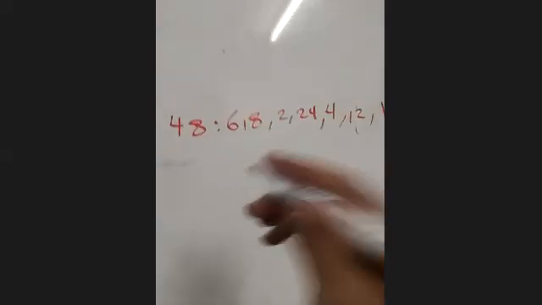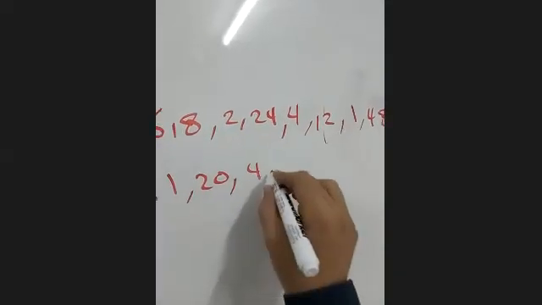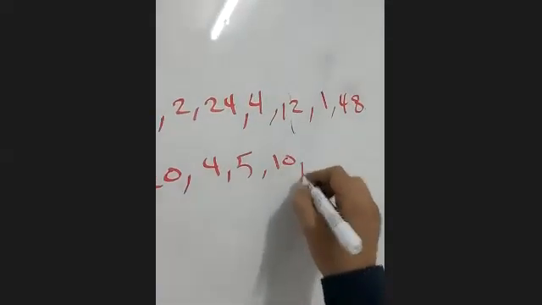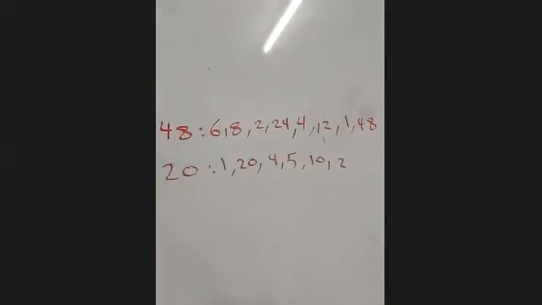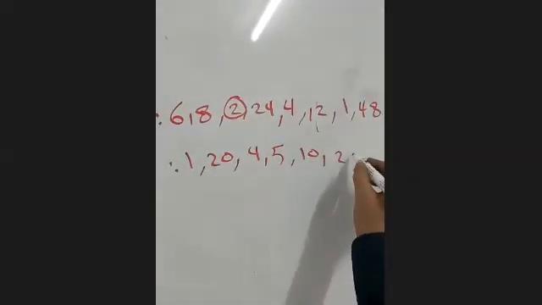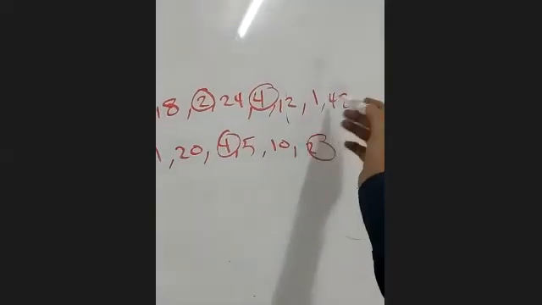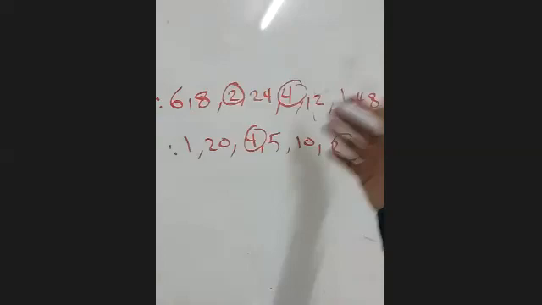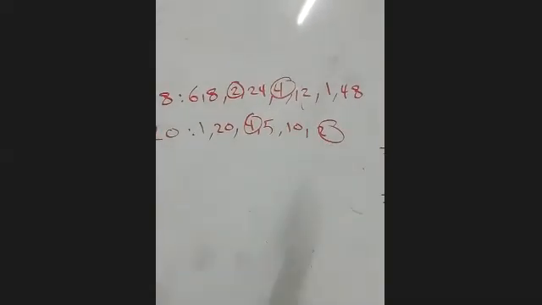Now let's see the 20: 1 with 20, 4 with 5, 10 with 2, right? Yes. Now what are the common here? The common are 2 and 4. The 1 is not useful here, so no need to select.